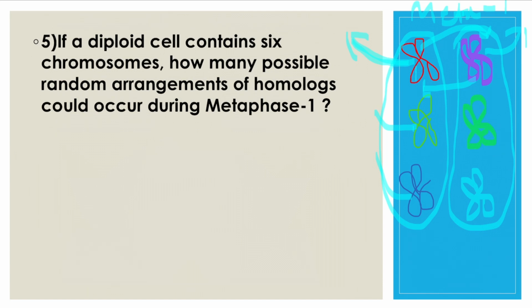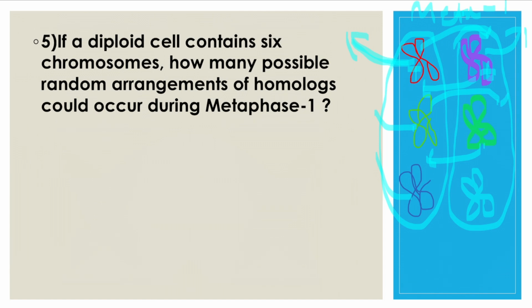This one may have the dominant allele and this one the recessive allele. They have the same gene but different alleles, so the combination changes. In the next scenario, this green can come here and this green can change its position to here. They are free to change.